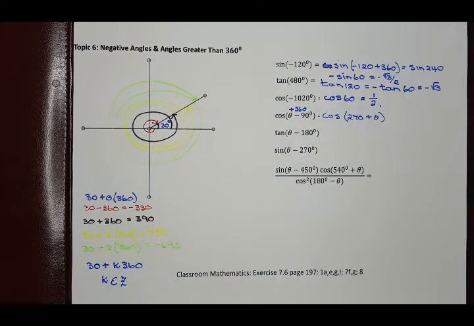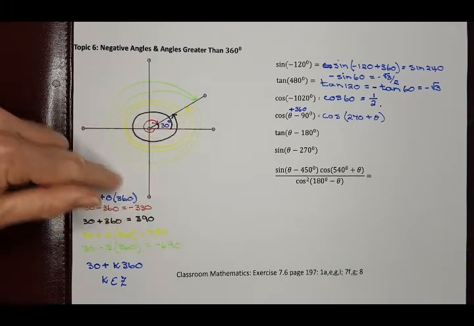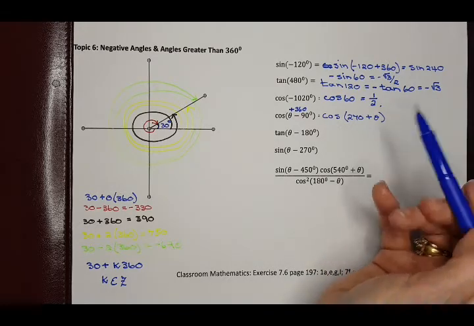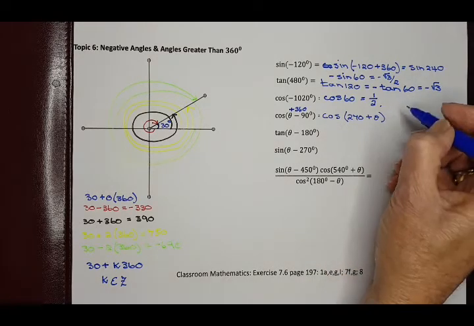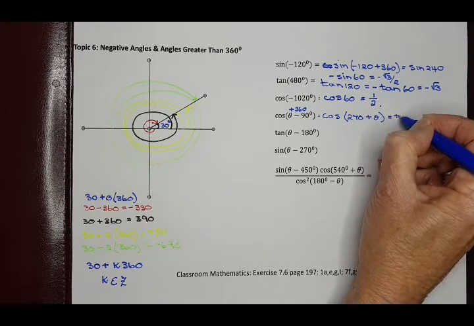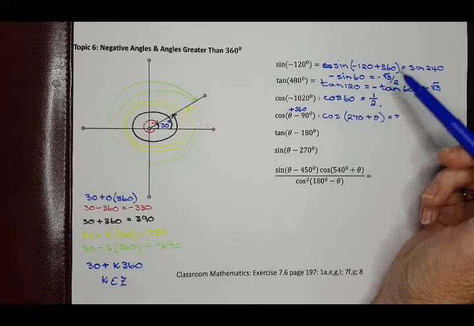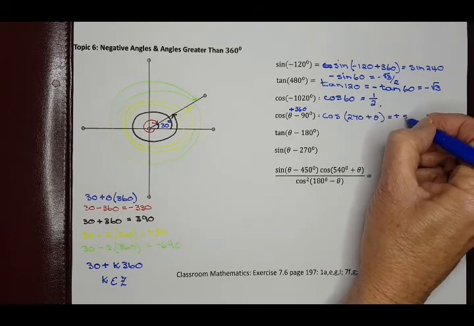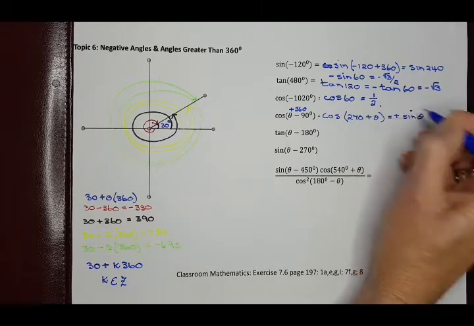All I've done is use the same concept: by adding a complete revolution, I've finished in the same place. My ratio must be the same. So 270 plus theta, what quadrant? Fourth. What sign? Positive. What axis? Y. In other words, cos is going to change to its co-function sine.